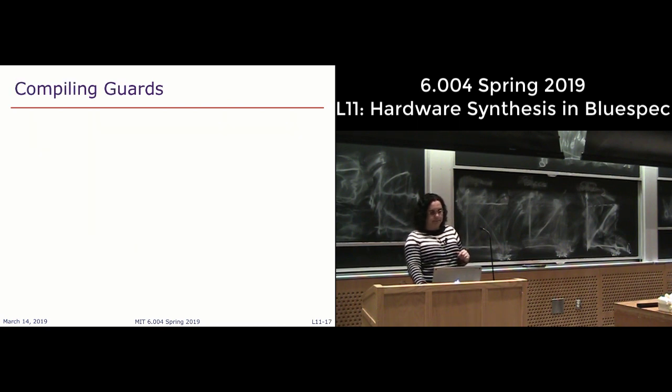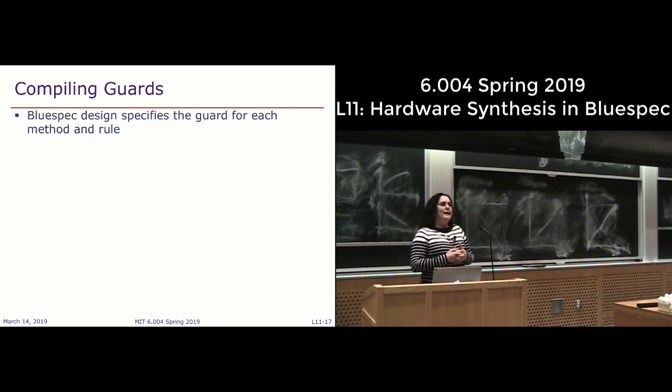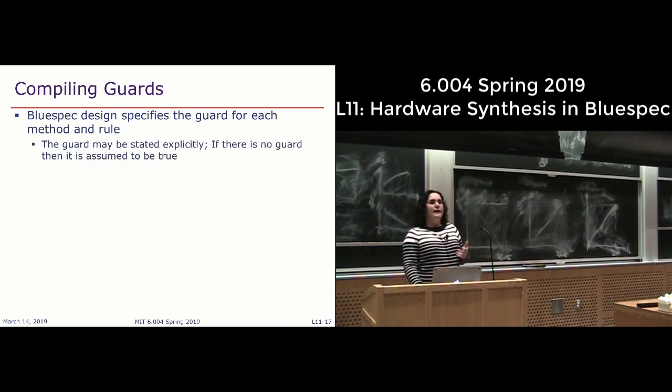Okay, so the next step is to figure out what my guards are. So we've said that, when I write a method, I can write an explicit guard associated with that method. But in addition to the guards that I write explicitly, if I'm calling other methods within my method, then I'm going to inherit the guards of all those methods that I'm calling.